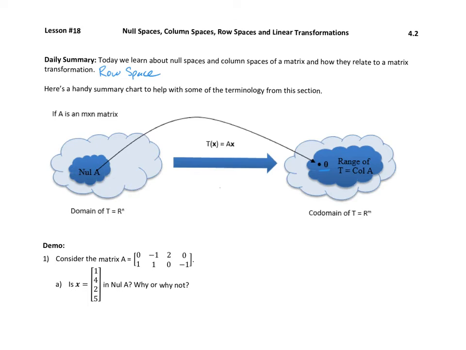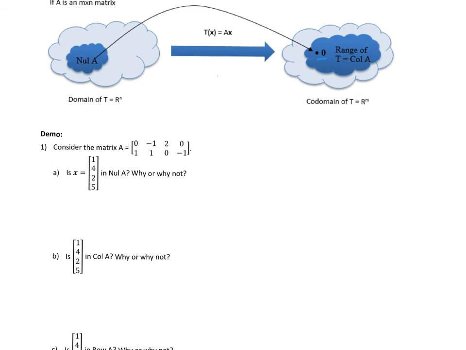Okay, some examples. Consider the matrix A, is this vector x in the null space of A? The definition of null space is the set of all things that A times it equals 0. So I want to solve A times x equals the 0 vector.